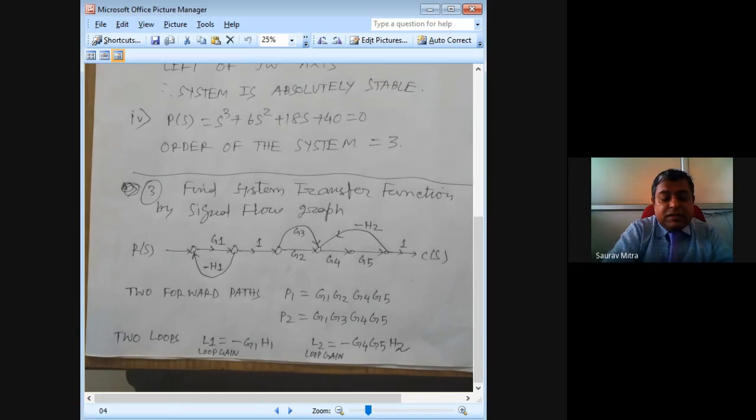Please take the screenshot of the diagram given below, and I have shown the solution. Just let me know if the screenshot is taken. Find the system transfer function by signal flow graph. This is what we want.